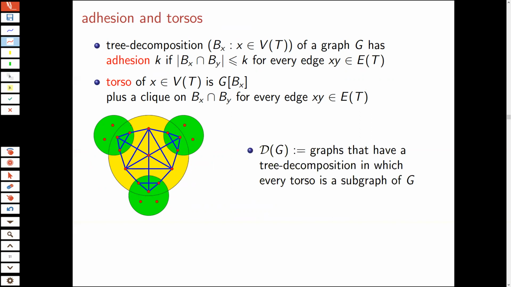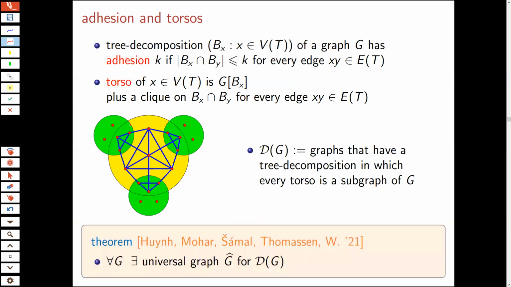Now, if we define D of G to be the graphs that have a tree decomposition in which every torso is a subgraph of G, then we can actually prove that this class has a universal graph. And I'm going to denote that by this G hat operator. So, for example, this is stronger than the tree-width-K universal graph.